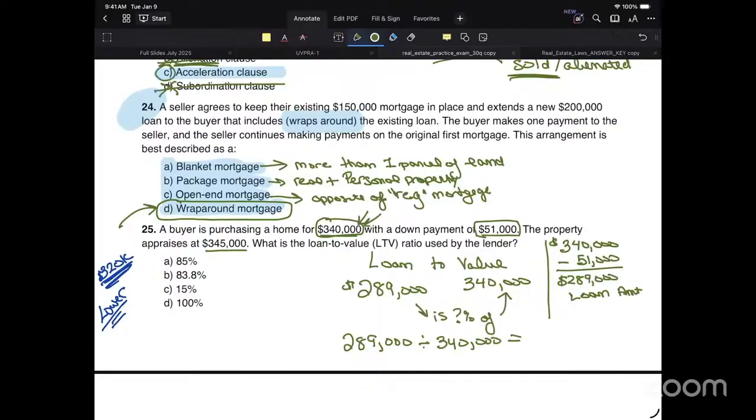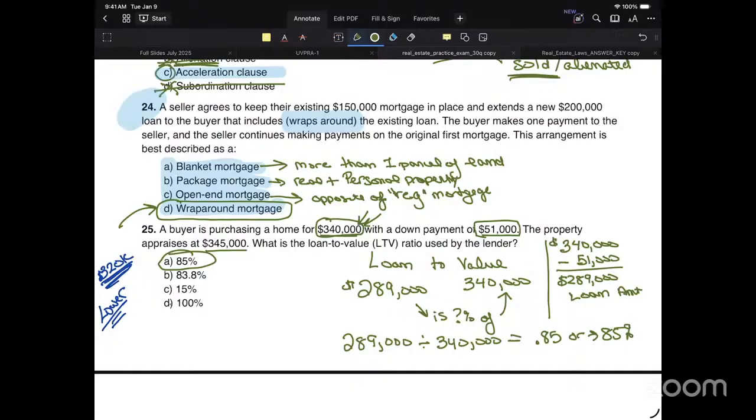And when you do that, $289,000 divided by $340,000, that gives us 0.85, or that is converted to a percentage, 85%. And that is our answer, 85%. Whoop, whoop. All right. So how did that go? Does that make sense? Right.